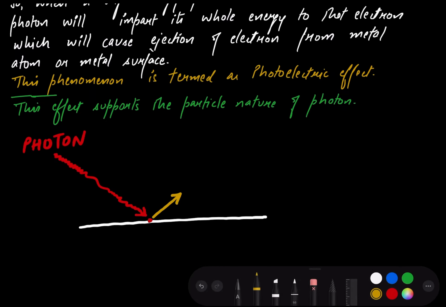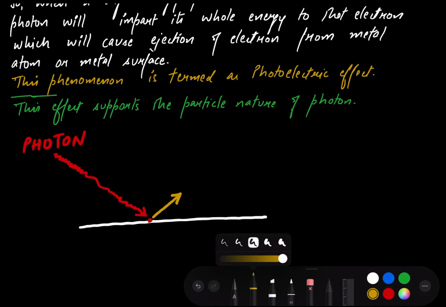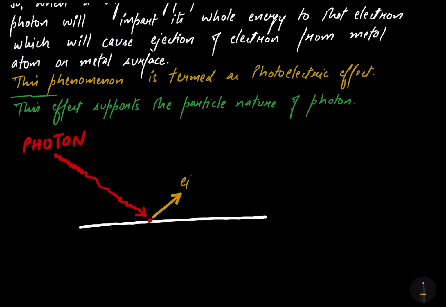That's called photoelectric effect. Here I am writing: ejection of electron from metal surface when a high energy photon strikes it. That's called photoelectric effect.